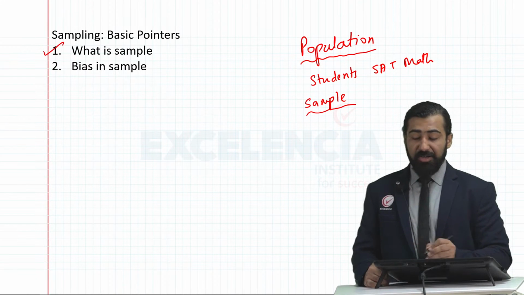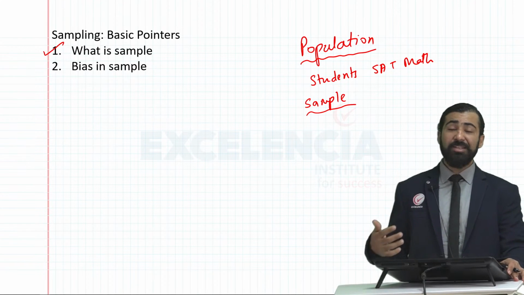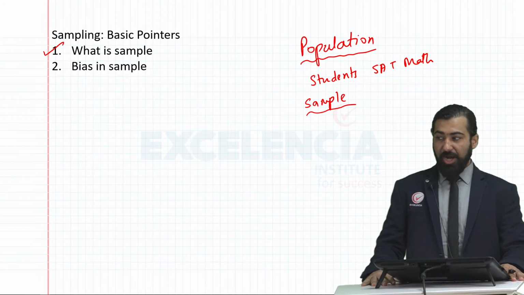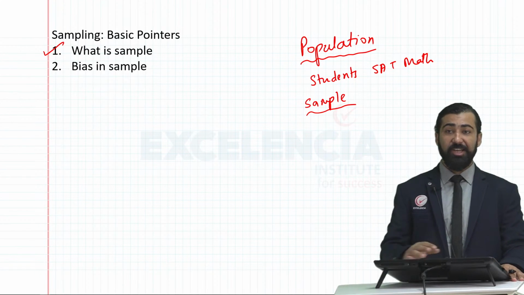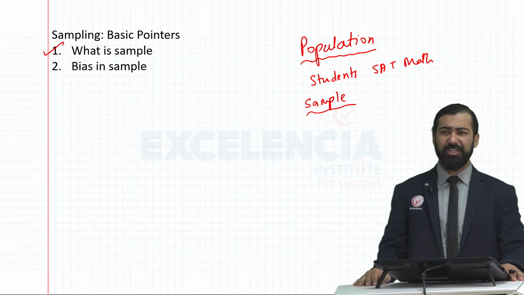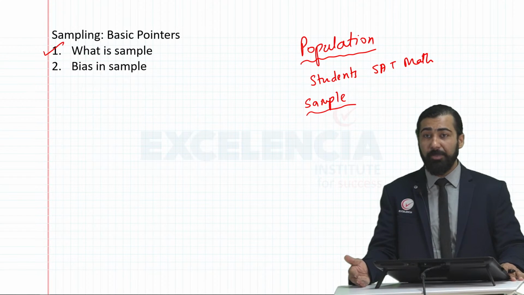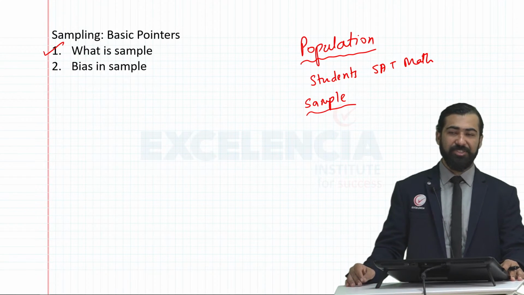Now, when you're taking up this sample, there is likely a bias. For example, suppose the teacher asked the students who are scoring more than 95% in the class which topic they are finding difficult. It is a bit obvious that the people who are above 95% may not have a lot of difficulties with lots of chapters.